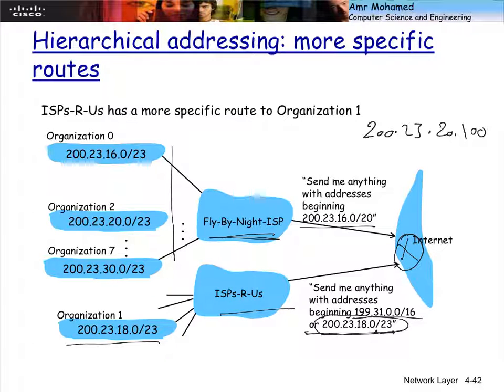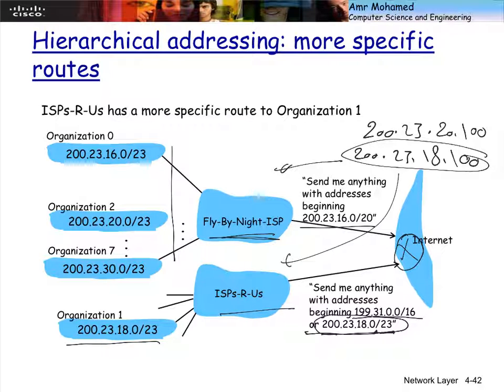Now if I have an address which is 200.23.18.100, where does this one go? Should it go here or here? In that case, this address will match both, right? So we apply the rule that we activate the match with the longest subnet mask, and it will go to the right location.